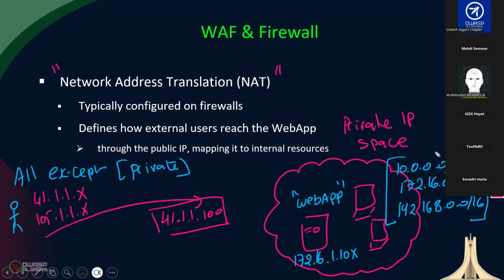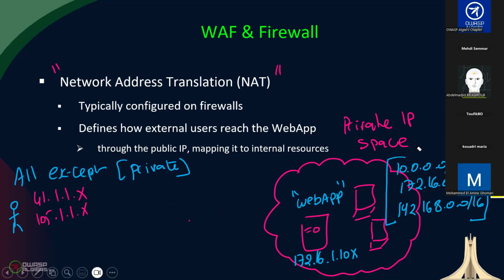Again, people from the internet see your web applications using public IP addresses, but internally, you are using private IPs. Now, to deal with that, we have to deploy a network device between the internet and the internal network, and this device must provide you with network address translation capabilities.